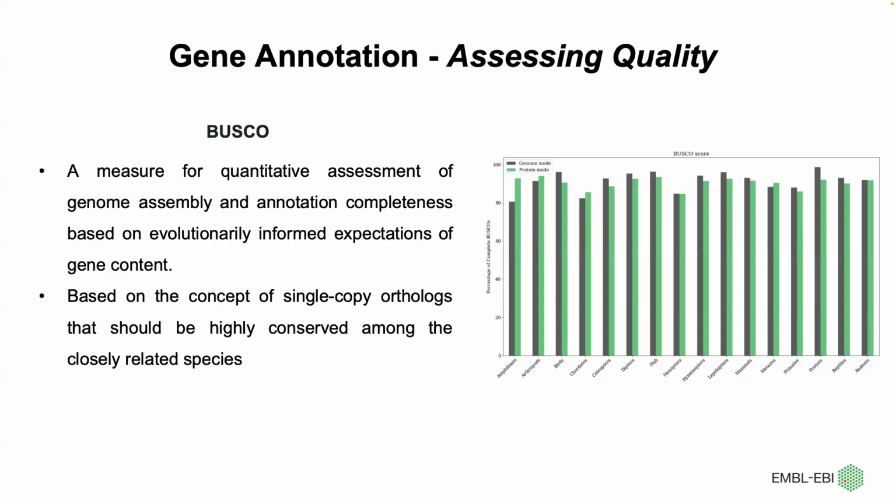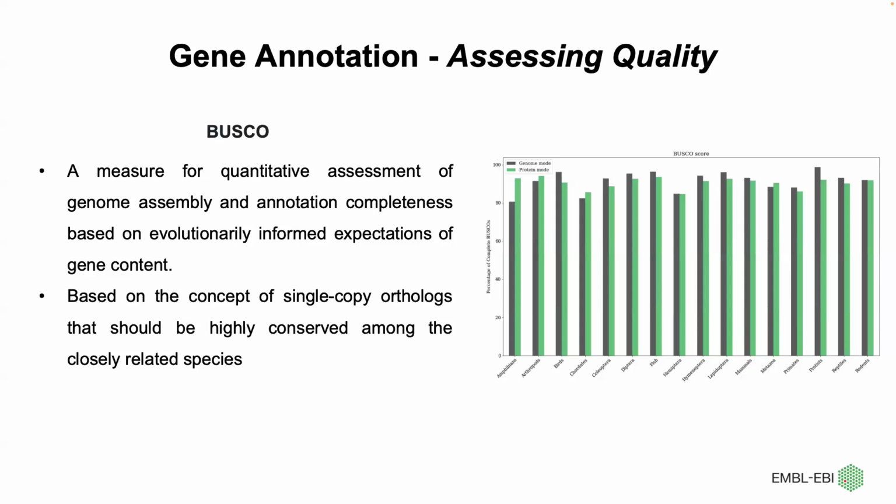BUSCO has already trained different clades and provides a set of hidden Markov models for each of these clades. So when you run BUSCO, it can be run in both genome and protein mode. When it's running in genome mode, it is assessing how complete the genome is, and the only input that is required is the genome and the lineage that it belongs to.